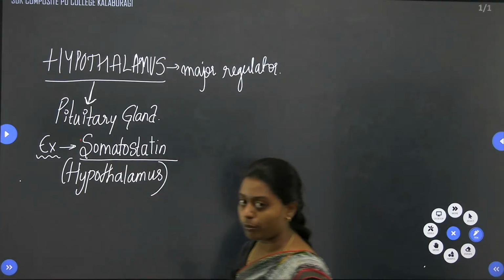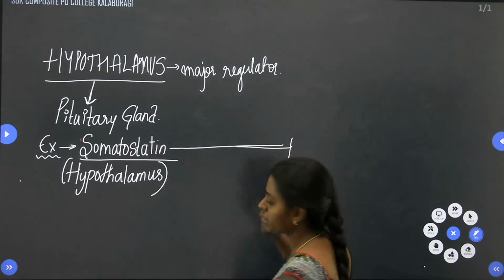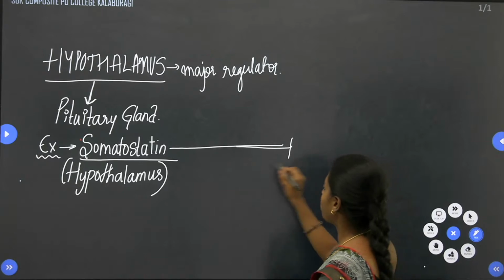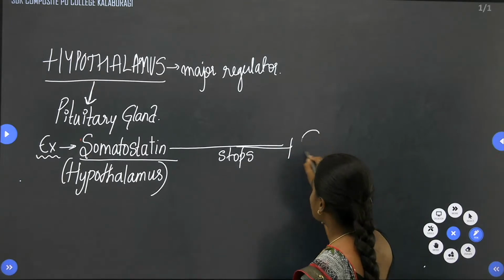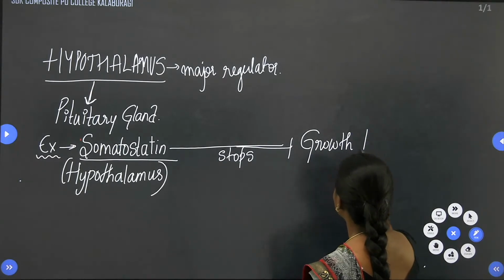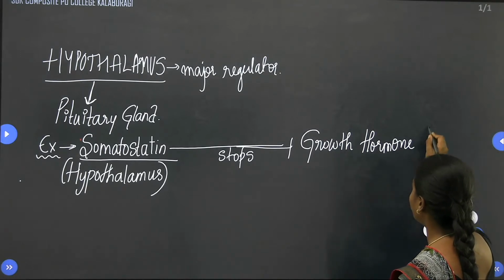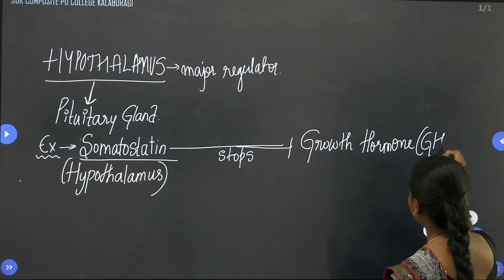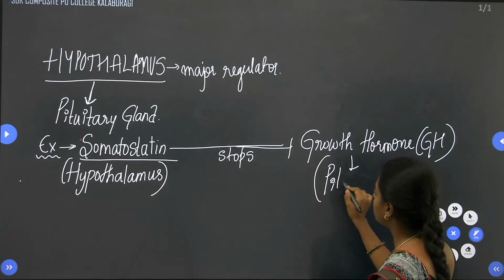This somatostatin hormone inhibits, or stops, the secretion of growth hormone by the pituitary gland.